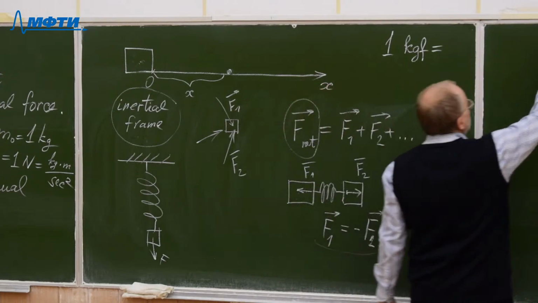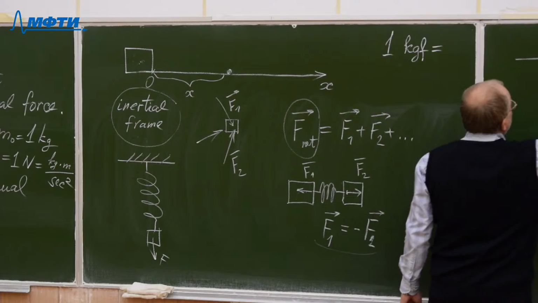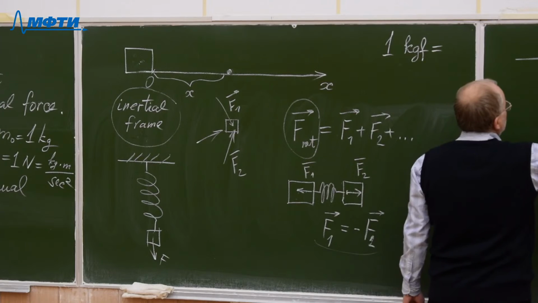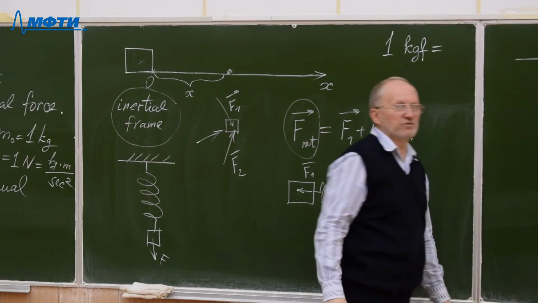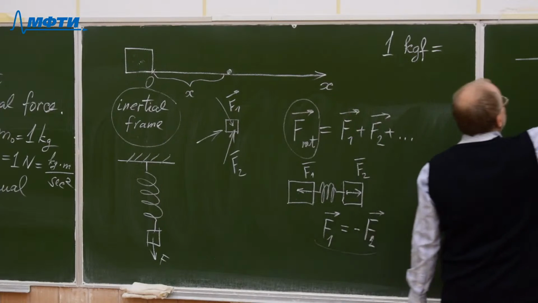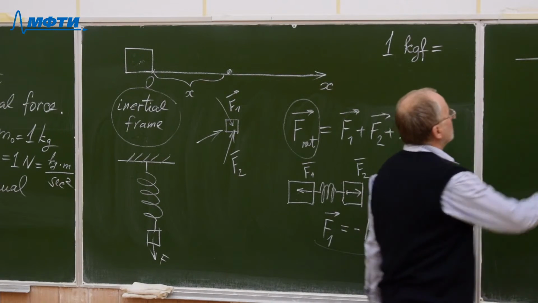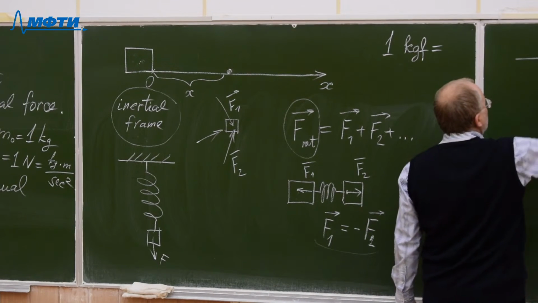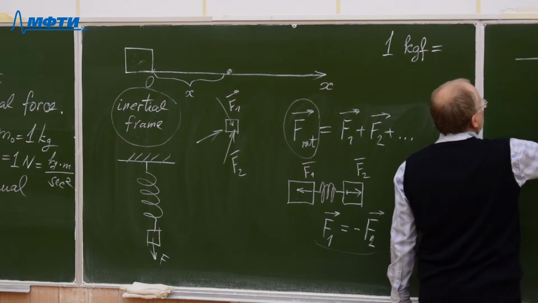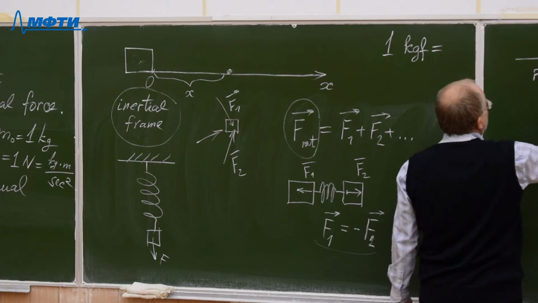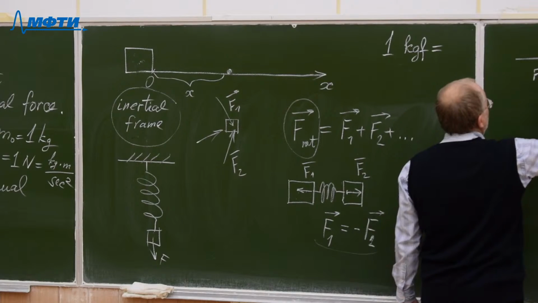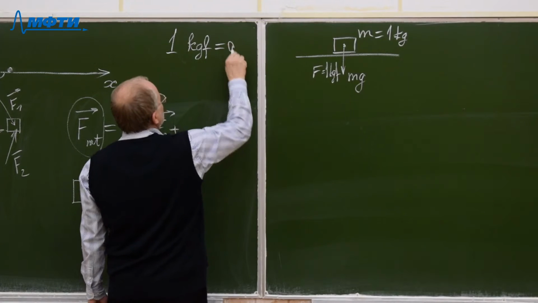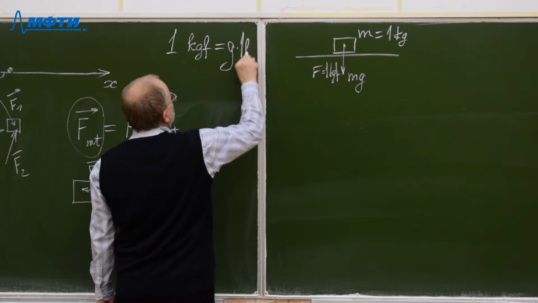So if you have a mass of 1 kilogram on some support, the gravitational pull is mg, mass times acceleration of free fall. If the mass equals 1 kilogram, then this force is 1 kilogram force.